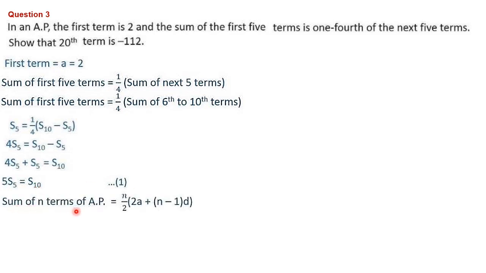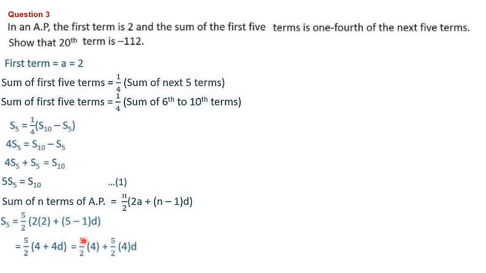Then sum of n terms of an AP formula is there, n by 2 into 2a plus n minus 1 into d. So first 5 terms, that is S5, is equal to n by 2, that is 5 by 2, into 2 into a, that is 2 into 2, plus n is 5, first 5 terms, that means 5 minus 1 into d. That means 5 by 2 into 2 into 2, 4, then 5 minus 1 is also 4, into d is 4d.